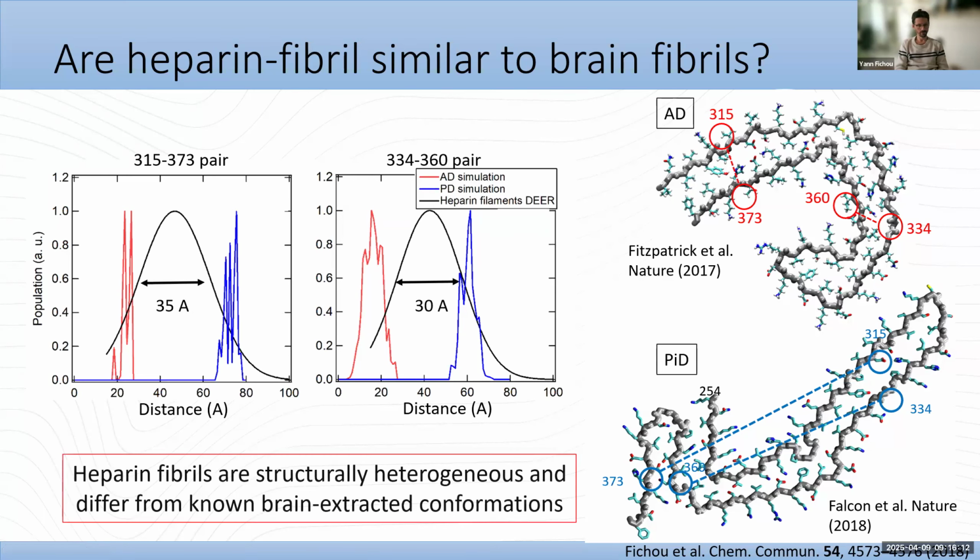But the information I want to get to is that at this time we concluded that, because the width of our distribution was never narrow as you would expect if you had a single defined structure, this is heterogeneous. They are structurally heterogeneous.